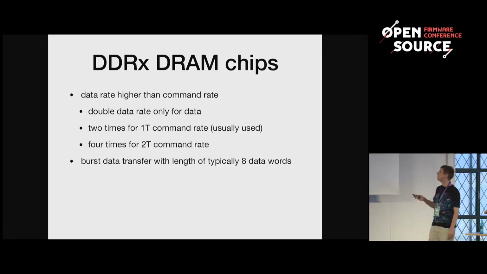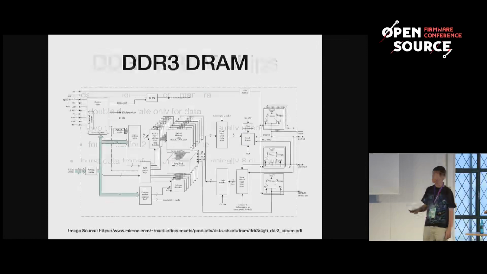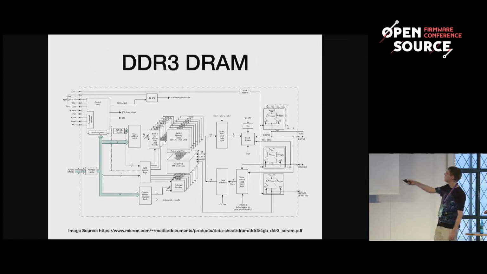Yeah, but being able to send fewer commands than you can transfer data isn't a big problem, because in DRAM the data is usually transferred in bursts. So go back to this slide. Basically, from when you select a column, you get 64 bits of data.